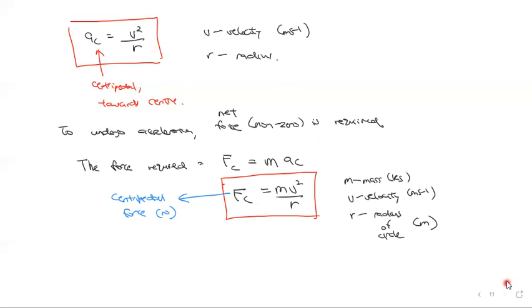If the acceleration experienced is not equal to exactly a_c, then you won't be going in a circle. If the acceleration experienced is greater than a_c, you're going to spiral in towards the center.